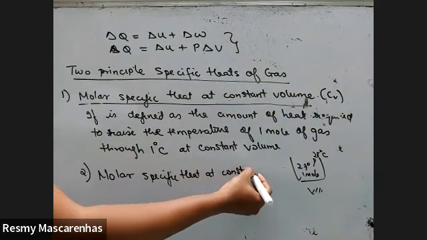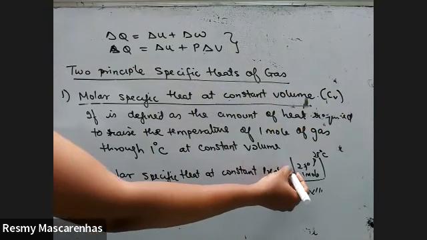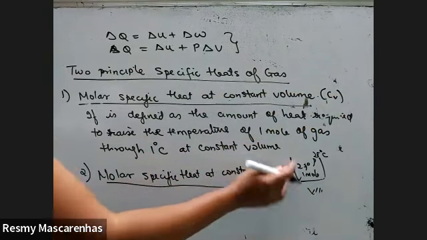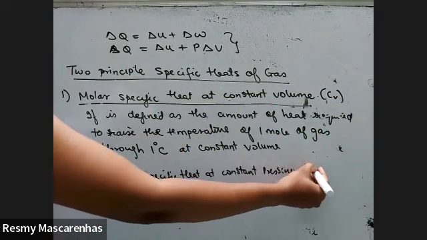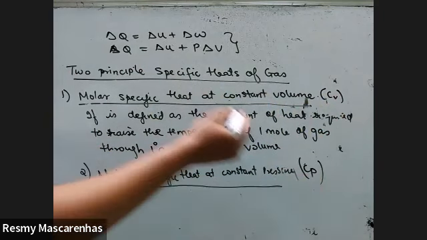Next one is at constant pressure. It is denoted by CP.